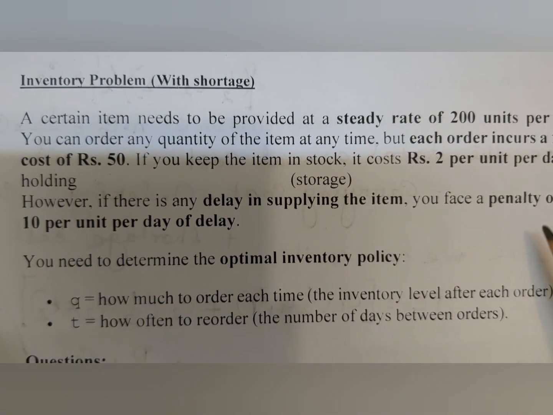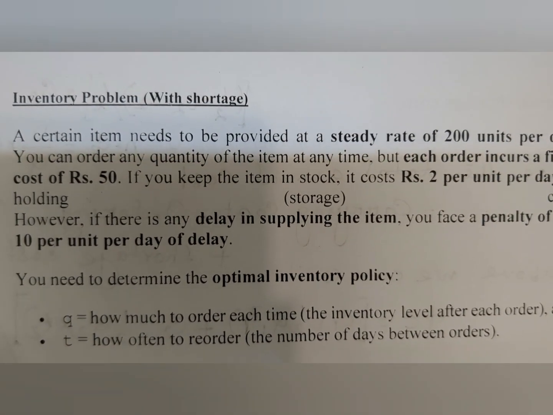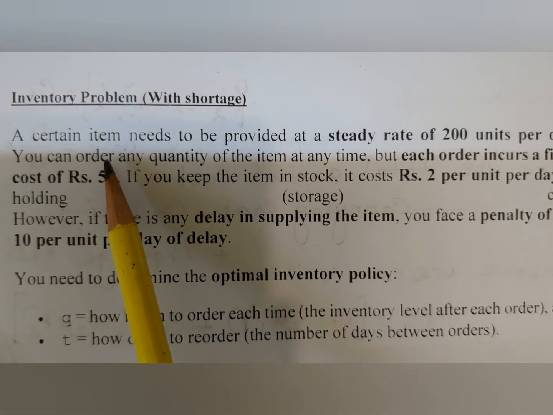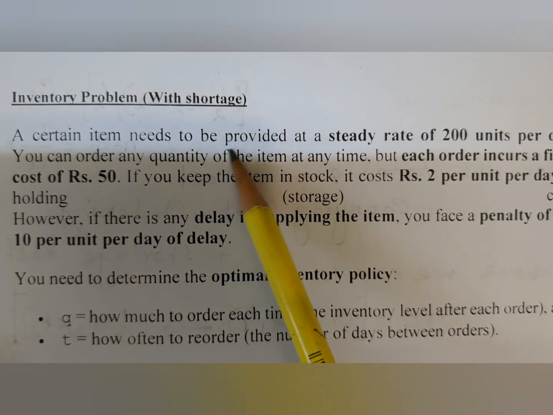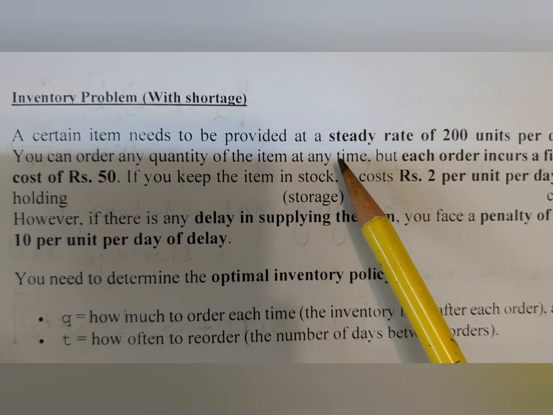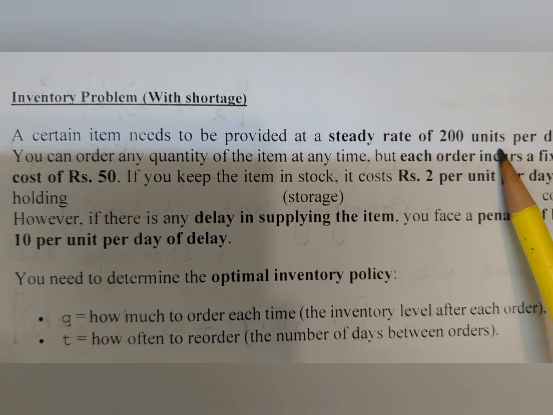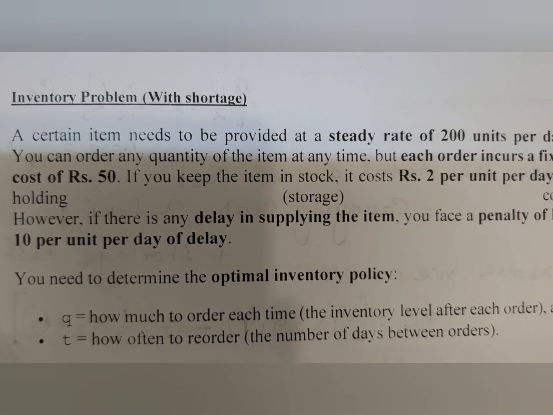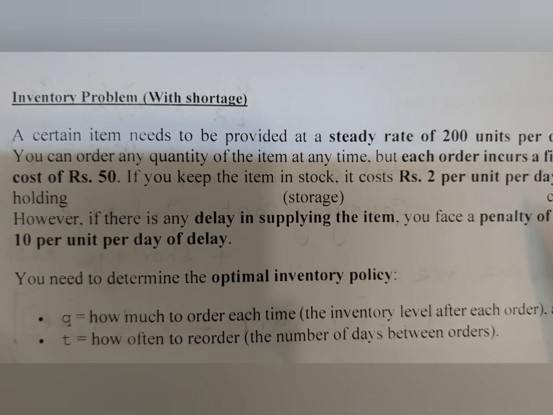I am reading this problem, and you can see it on the monitor in the video. A certain item needs to be provided at a steady rate of 200 units per day. That means the demand is 200 units per day.